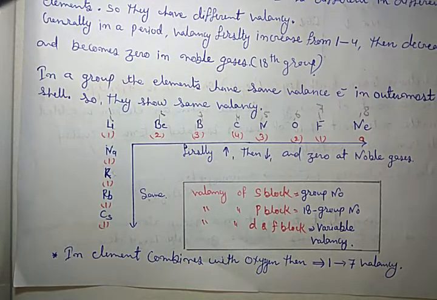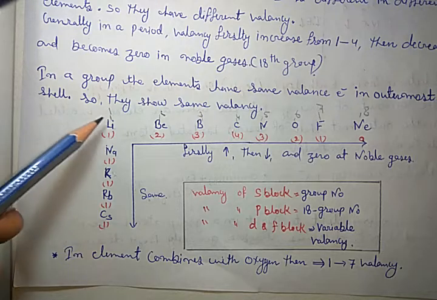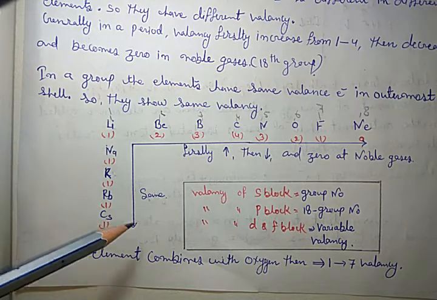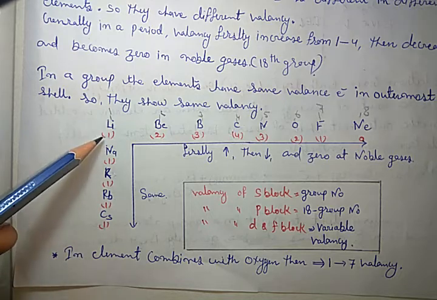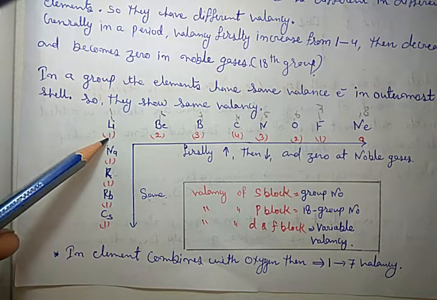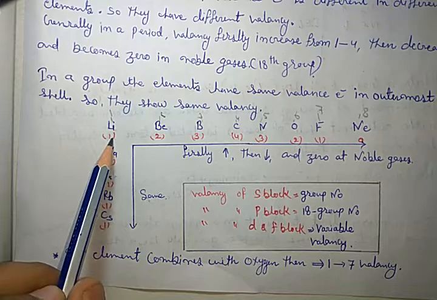Now, for stability, lithium has two options. Either it receives 7 electrons, or it can donate 1 electron, because if it donates, then its configuration becomes equal to helium, which is a stable structure. So lithium has a tendency to lose 1 electron, and by losing it, it forms a single bond. So its valency is 1.